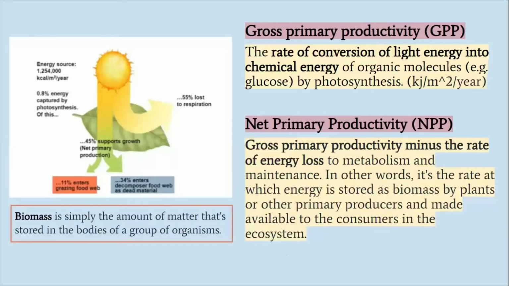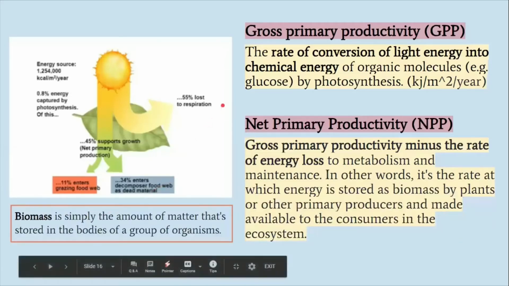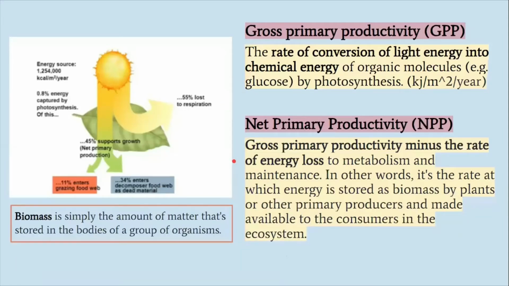There are two basic types of productivity: gross primary productivity and net primary productivity. Gross primary productivity, also known as GPP, is the rate of conversion of light energy into chemical energy of organic molecules, for example, glucose, by photosynthesis, and the unit for GPP is kJ per m squared per year.